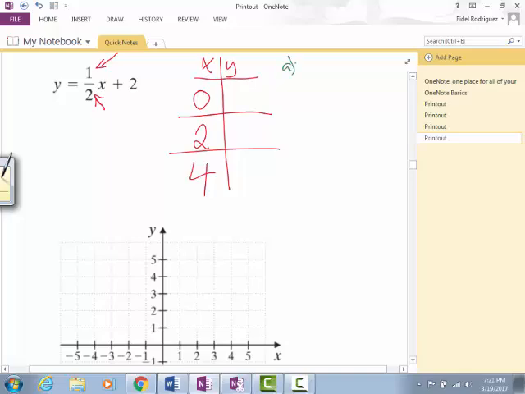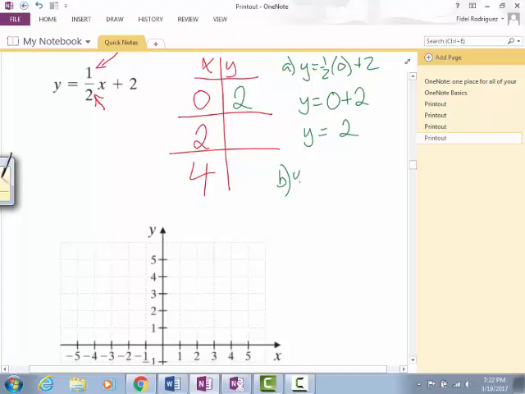Okay, so for my first part, we're going to pick x equals 0. So y equals 1/2 times 0 plus 2. Well, 1/2 times 0 is still 0. And 0 plus 2, well, that's just 2. Okay, now let's do part B. Now we're going to pick x is equal to 2.